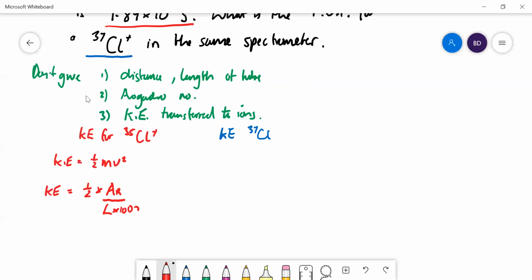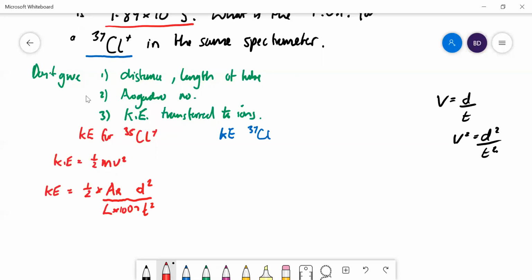If we remind ourselves that v is equal to distance over time, where t is the time of flight, that means v squared is equal to d squared over t squared, where the red t is the time of flight of the 35 chlorine.